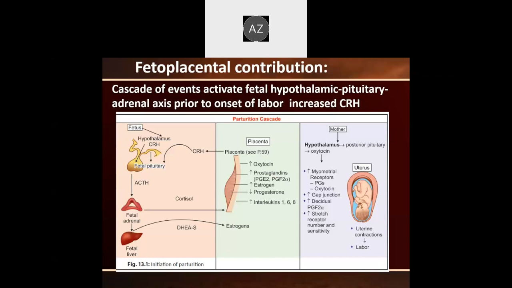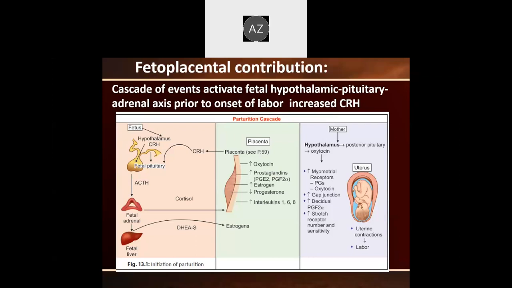Now, the anterior pituitary gland is where this hormone is going to act. From the placenta, where we have corticosteroid releasing hormone that flows to the fetus, it causes the anterior pituitary to release the adrenocorticotropin hormone. This acts on the suprarenal glands, and the suprarenal glands are going to produce cortisol.